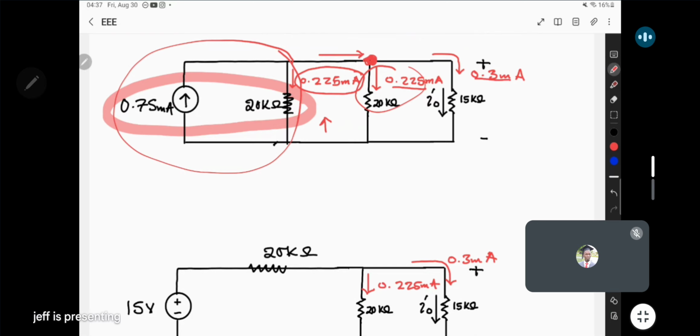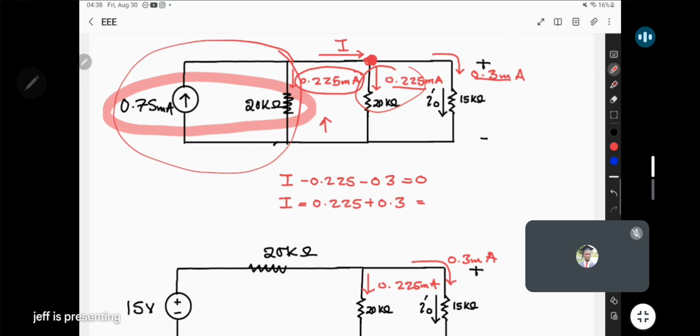So if I label this current as I here, then Kirchhoff's current law there will be I entering the junction minus 0.225 milliamps leaving minus 0.3 milliamps leaving must give us 0. So I must be equal to 0.225 plus 0.3.